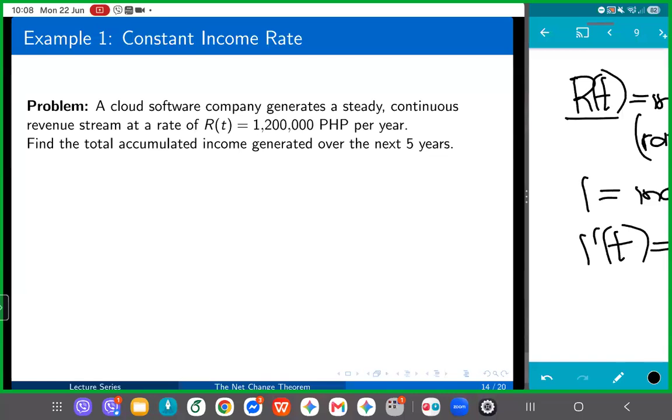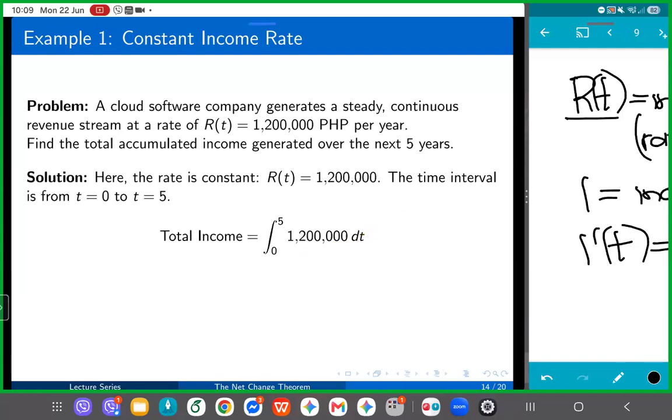Now, this is very simple as to the calculation that you need not use integration really, but anyway, we will still use the net change theorem to illustrate the relationship between income flow and net income. We have the rate of income flow, but it is constant.